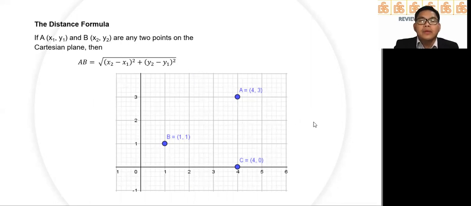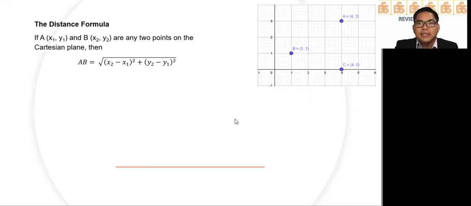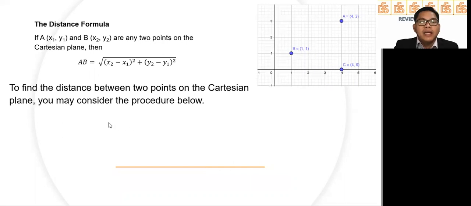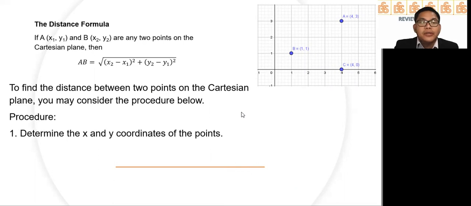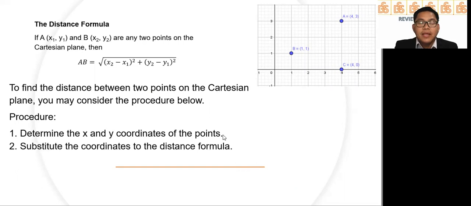Okay, so how are we going to apply it in this case? Let's say to find the distance between two given points on the Cartesian plane, you may consider the procedure below. Number one, determine the x and y coordinates of the points.